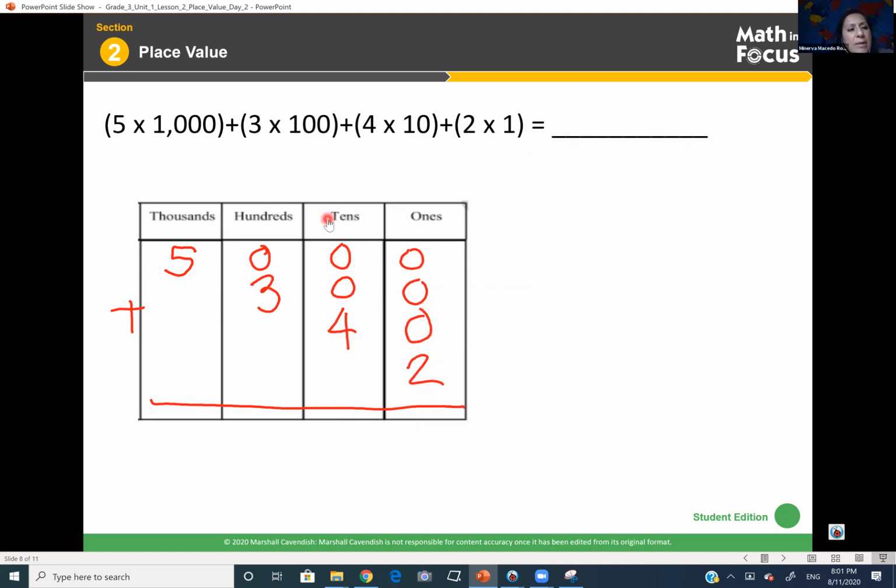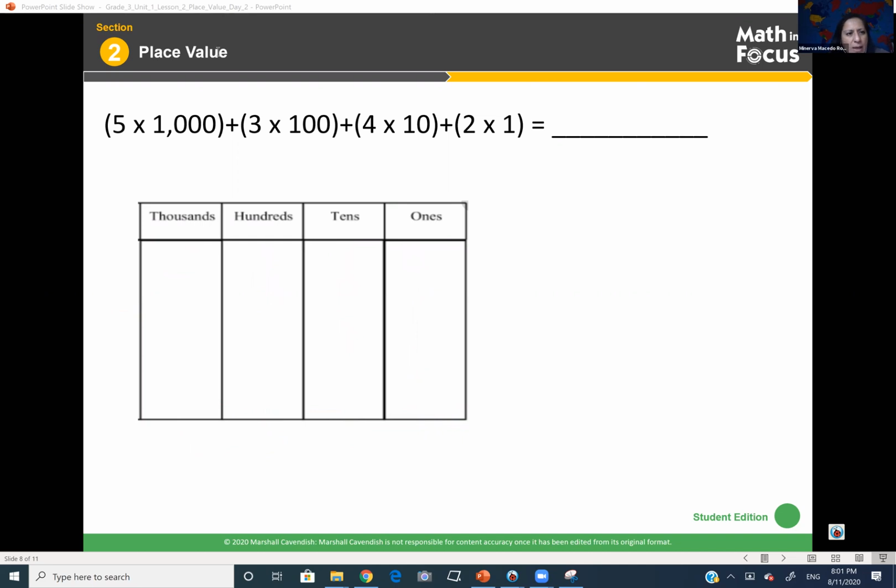So let's add them together. So I have 2 ones, 4 tens, 300, and 5,000. So my answer is going to be 5,342.